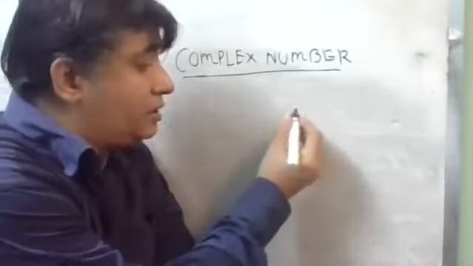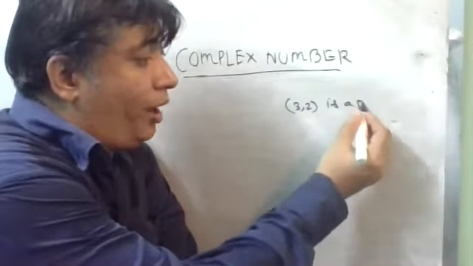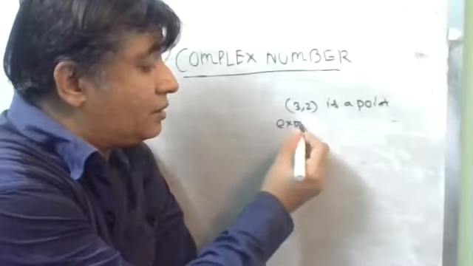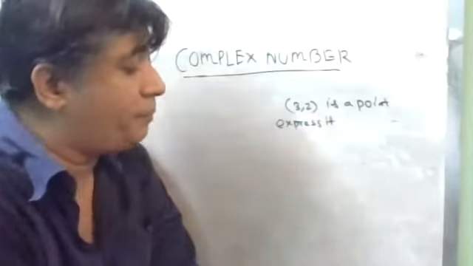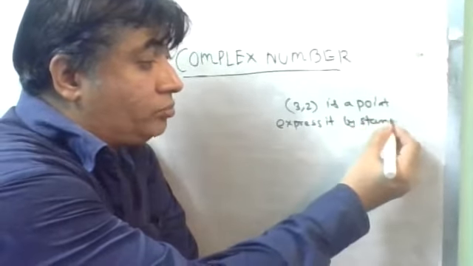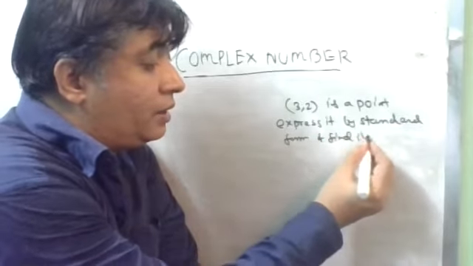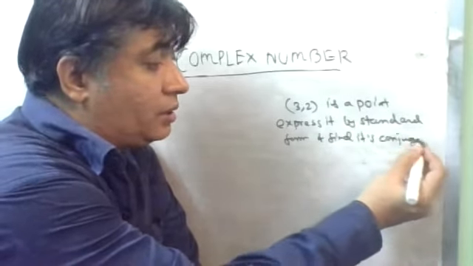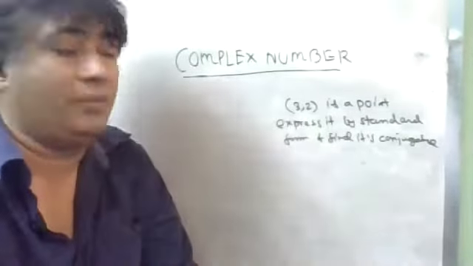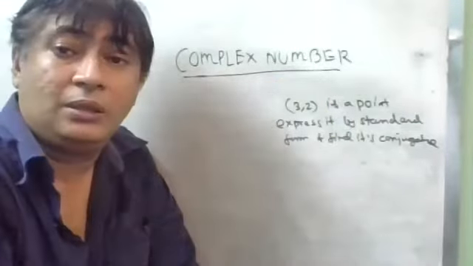Now, using the previous concept, say 3, 2 is a point, and the problem is: express it in standard form and find its conjugate. You are quite familiar with this type of problem now. 3, 2 is a point in coordinate geometry.